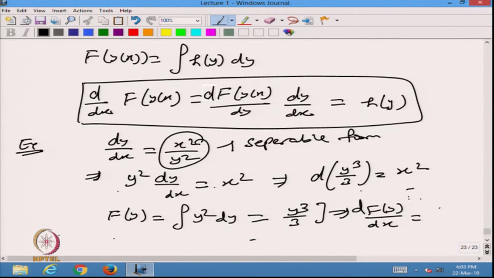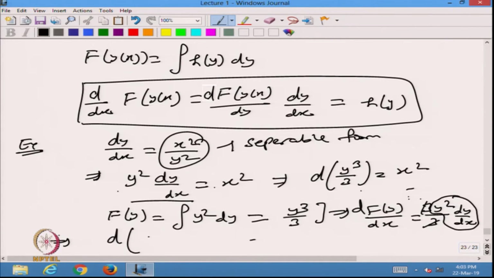So, this can be written as 3y square by 3 into dy by dx. So, this will cancel out and you will get this factor, and that is same as this factor. So, from here I am able to find my capital F of y, that is the integration of this.